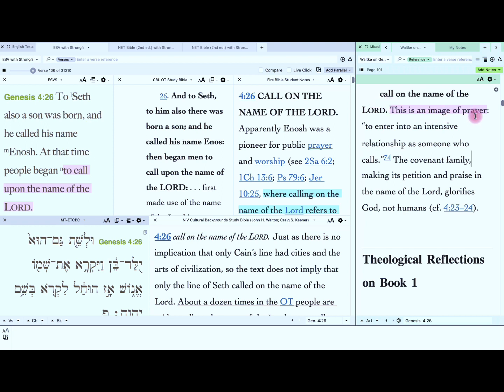This is an image of prayer. According to Bruce Walker, it is an image of prayer. What else? To enter into an intensive relationship as someone who calls. The covenant family, making its petition and praise in the name of the Lord, glorifies God, not humans. And when Bruce Walker mentions humans, he's referring to Cain and Lamech, the descendants.